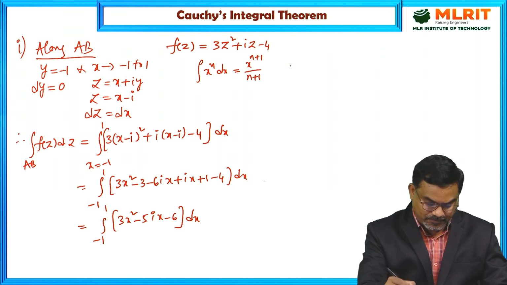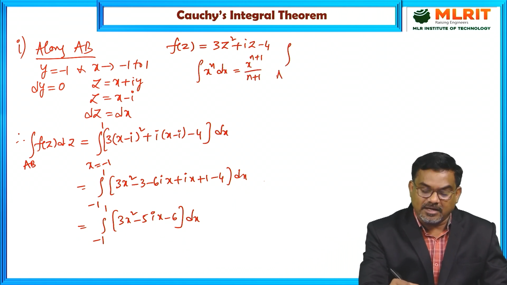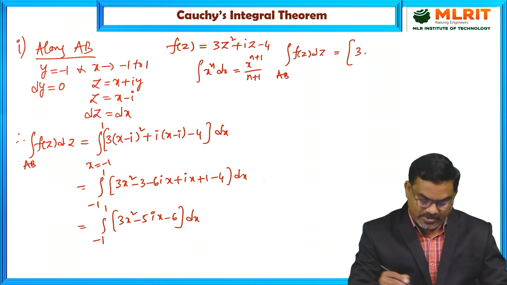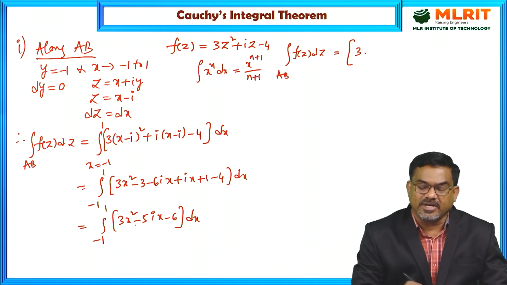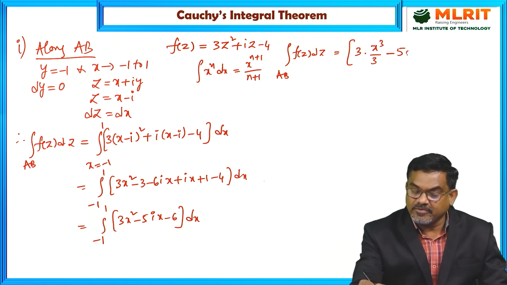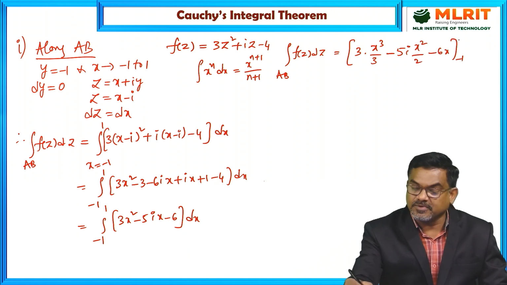So using this formula, the line integral along AB, f of z dz is equal to 3 into x square, integral of x square is x cube by 3, minus 5i into integral of x is x square by 2, minus 6x, from minus 1 to plus 1.